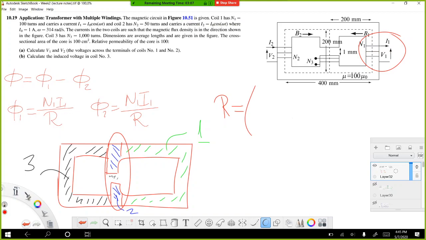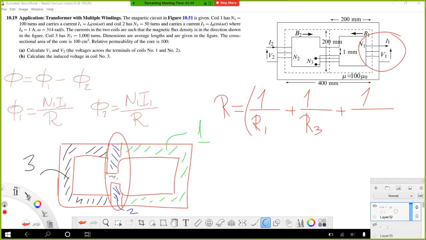So total reluctance is equal to 1 over R1 plus 1 over R3 plus 1 over R2 plus R air gap, all to the power of -1.